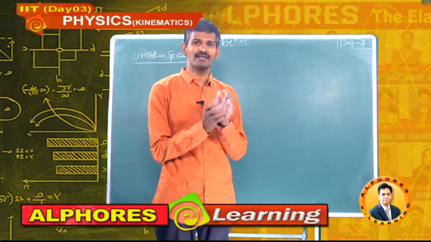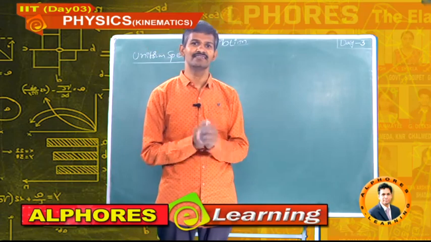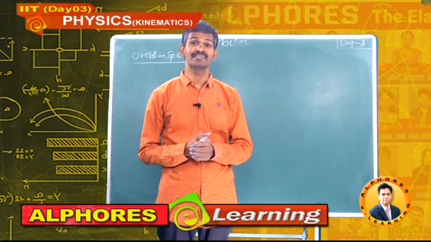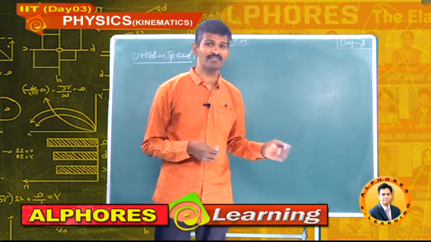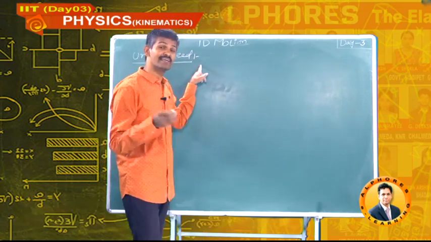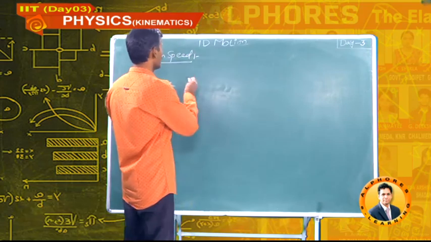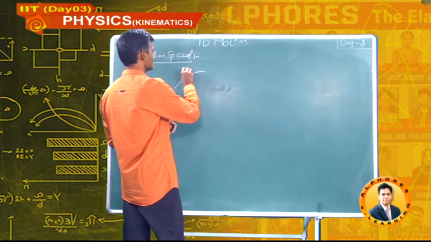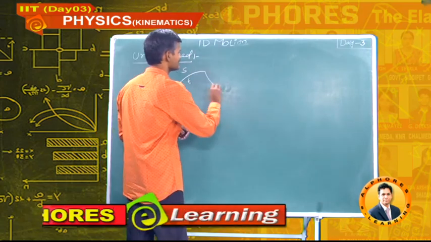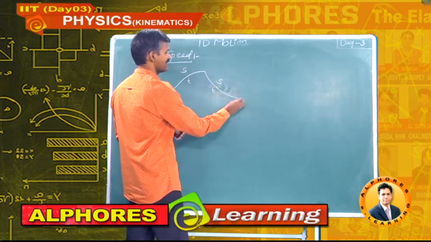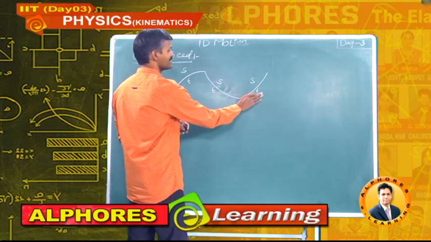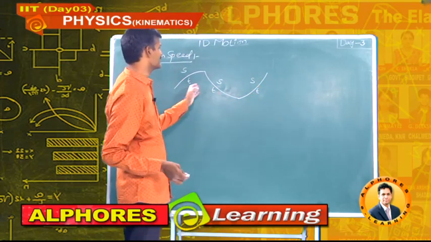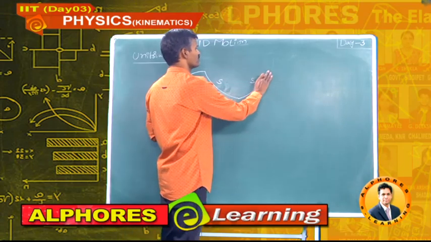If a body covers equal distances in equal time intervals, then that body is said to be in uniform speed. For example, if a body covers some distance s in time t, and again s in time t, and again s in time t, then that body is said to be in uniform speed.